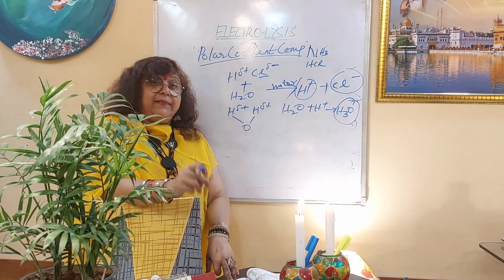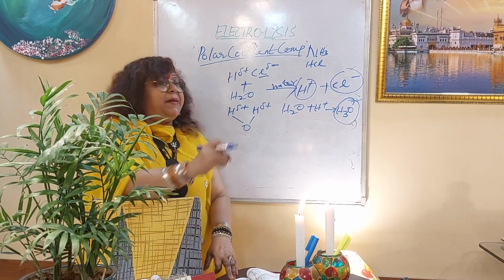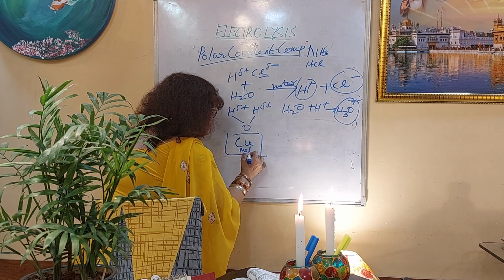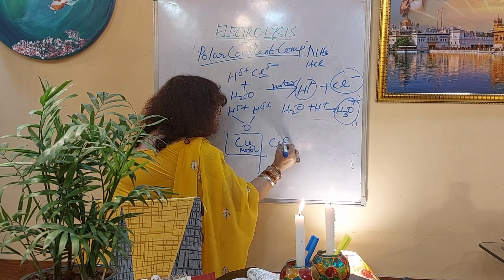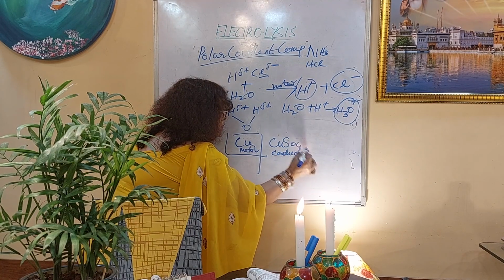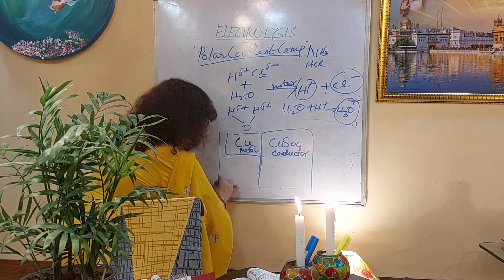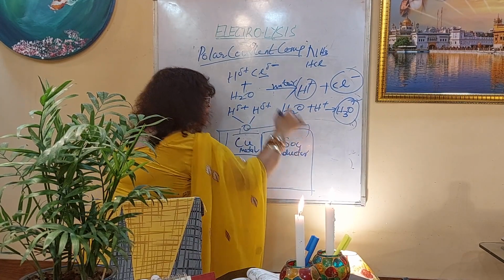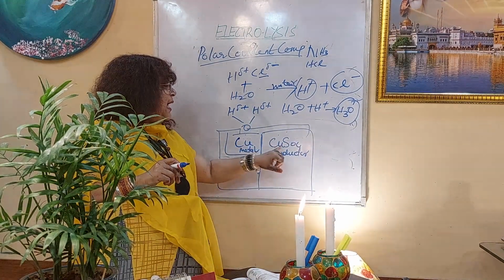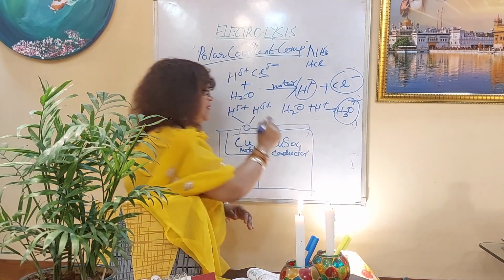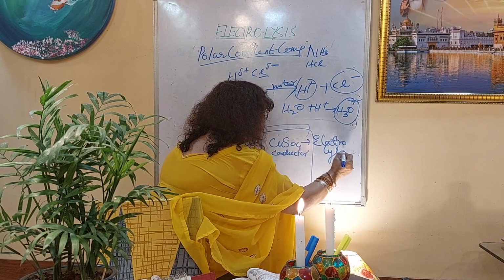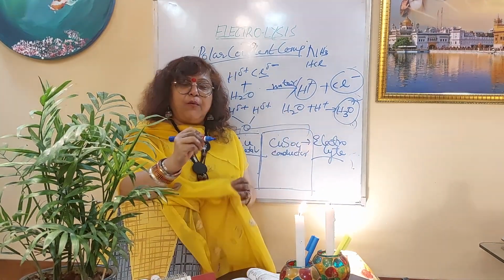Say for example, if they ask you to give the comparison of copper metal, Cu, as a conductor and CuSO4 as a conductor. This is also very important because Cu is a metal and CuSO4 is an electrolyte, a salt. Now what will you write over here?